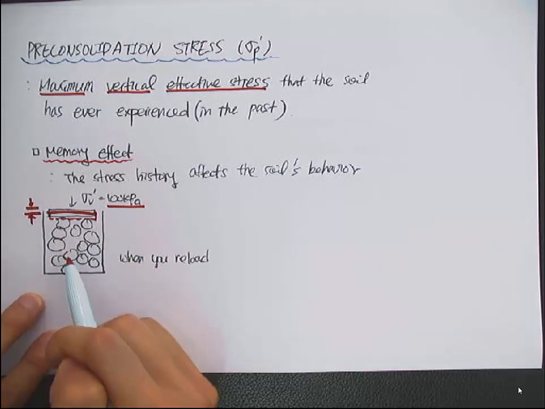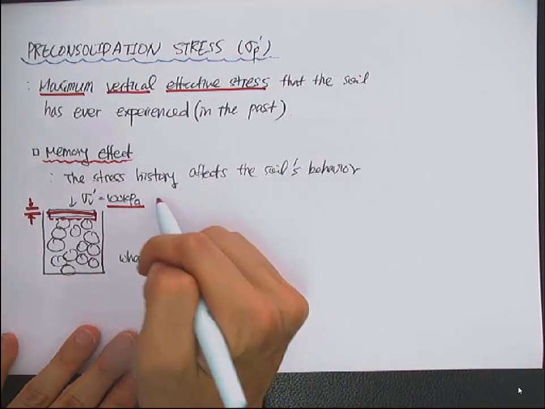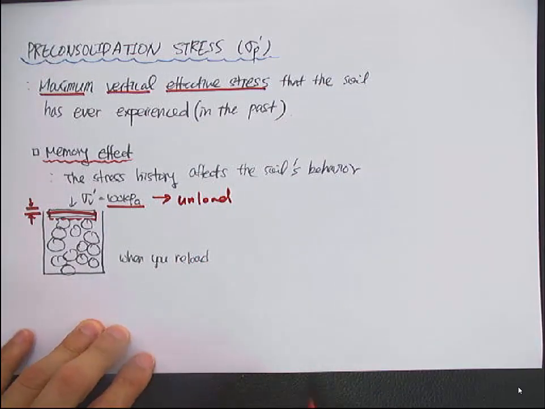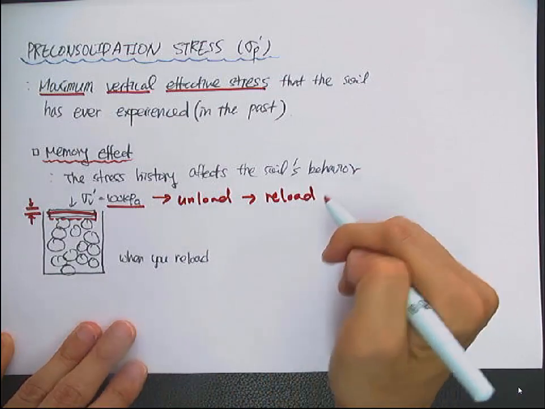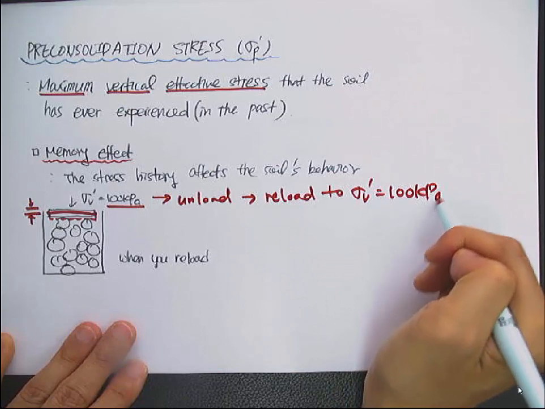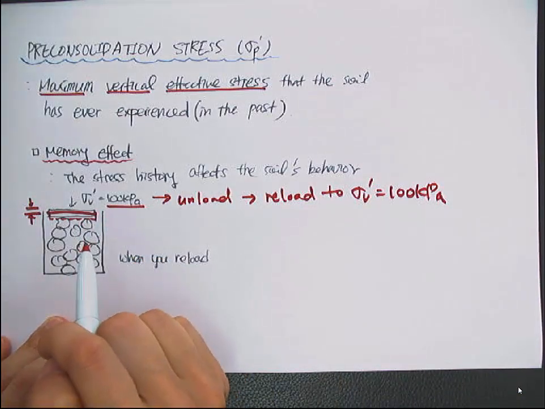The soil will deform, and now the soil has experienced this 100 kilopascals. And you unload it. And when you reload to 100 kilopascals, the settlement will occur by the same amount.